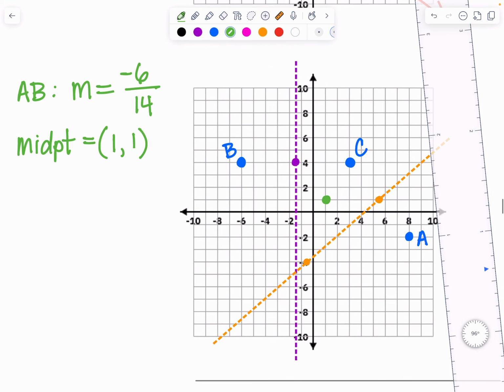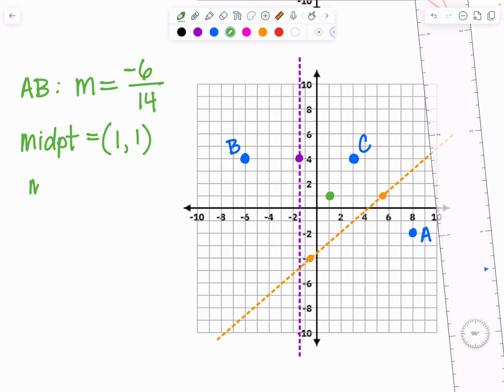All right. So now I need to find my perpendicular bisector. I need to find that slope, which is going to be positive 14 over 6 or positive 7 over 3.